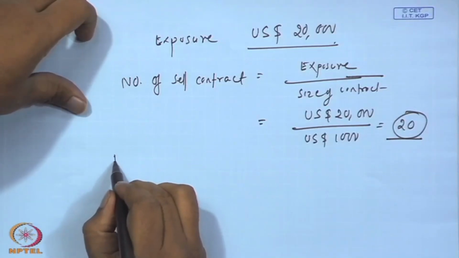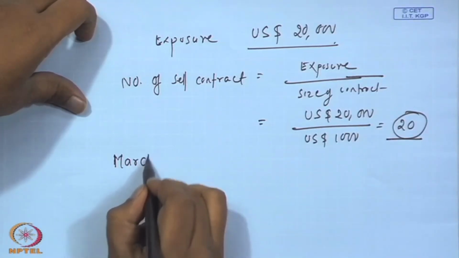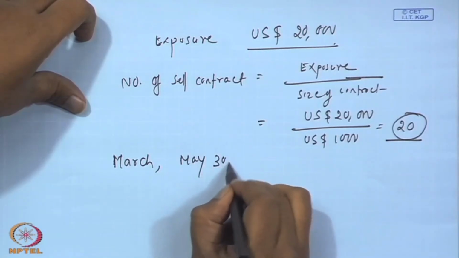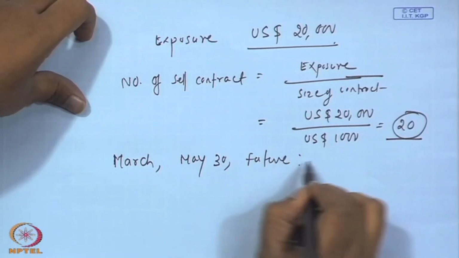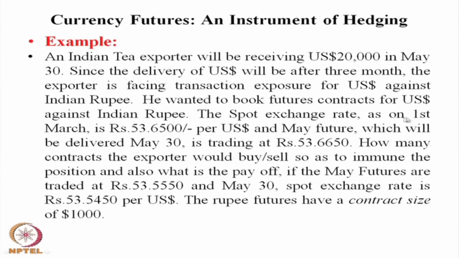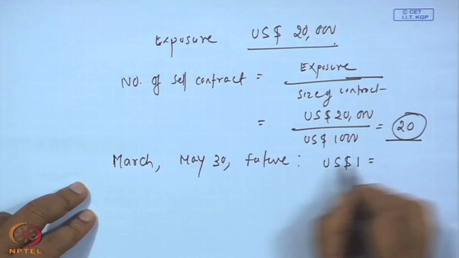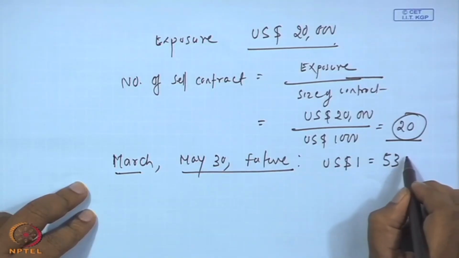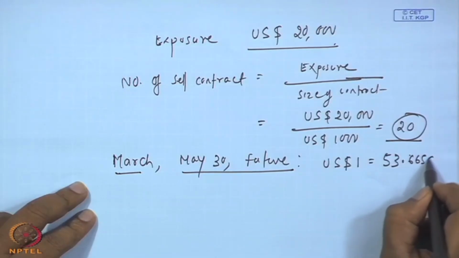The May future, the May 30th future, which will be delivered on 30th May, is trading in the month of March at 53.6650.